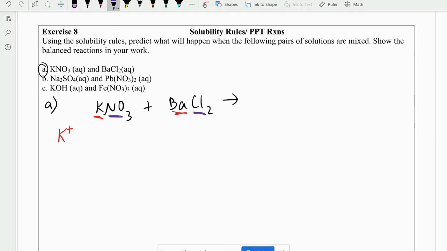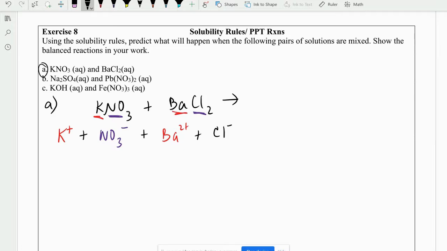You're going to also have nitrate. Polyatomic ions stay together, but nitrate is going to separate out into its ion, NO3 -1. Barium chloride is going to do the same thing. So barium is going to separate into its barium 2+, and then chlorine is also going to separate out into chloride, Cl -1.